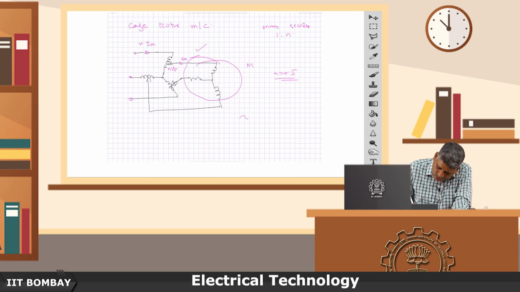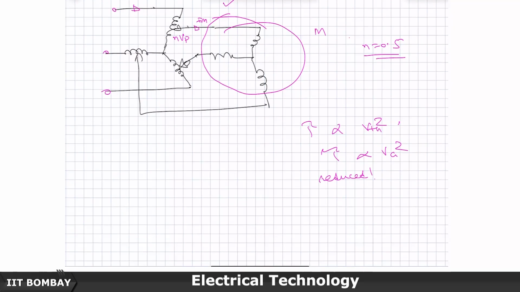Because the torque is proportional to V Thevenin squared, which is approximately, let us say, proportional to V_A squared, if I have reduced the applied voltage by 50%, what will happen to the torque? The torque will only become 0.25 times.